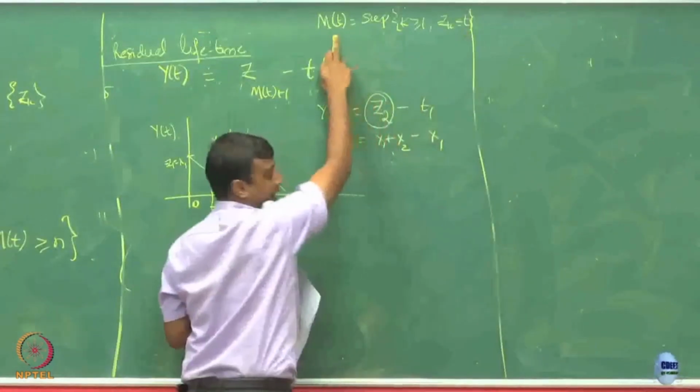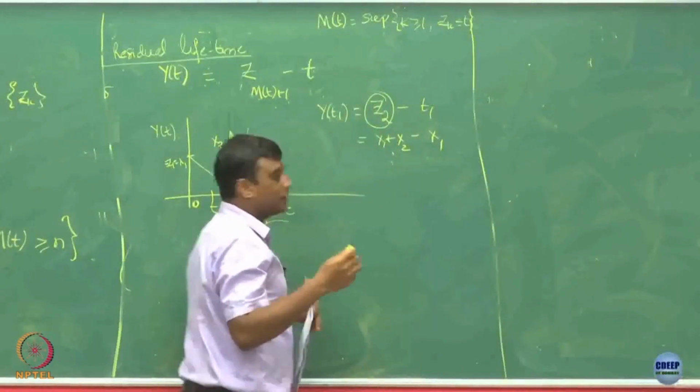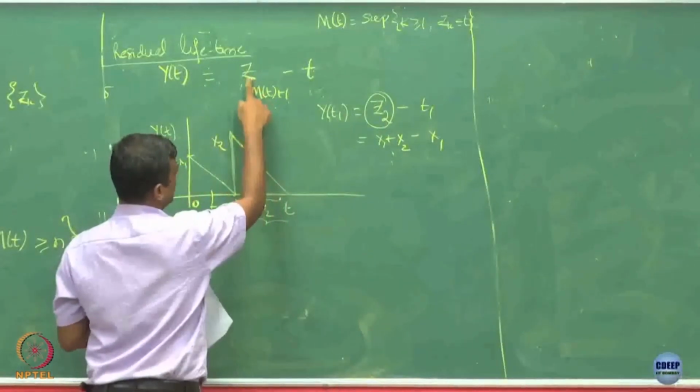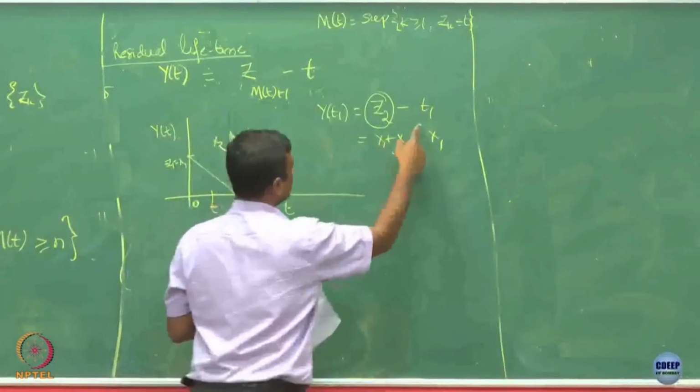So this will make your M(t) 2, and because of that, now you become Z3.